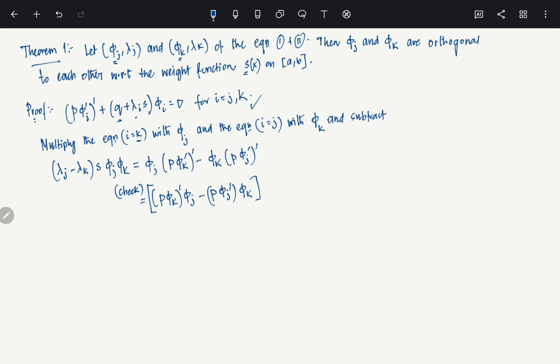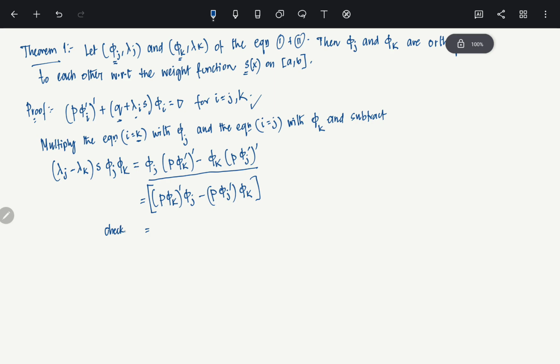So what am I saying? These derivatives can be expanded, and it is very easy to see that if you expand it, you end up getting this.